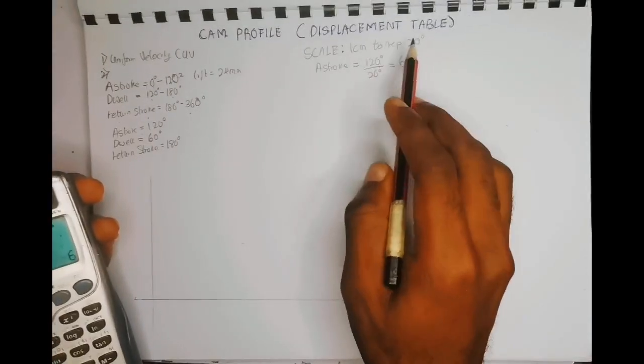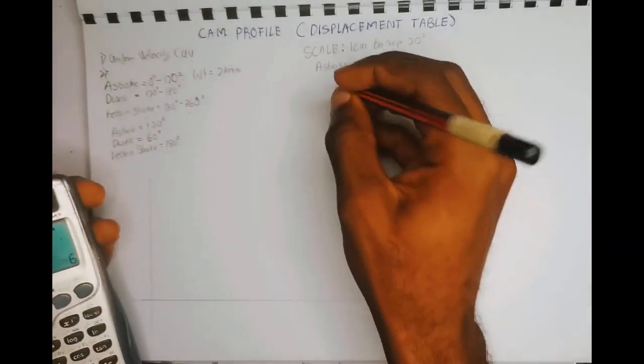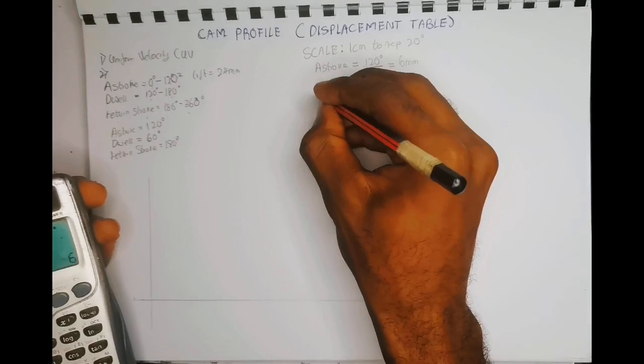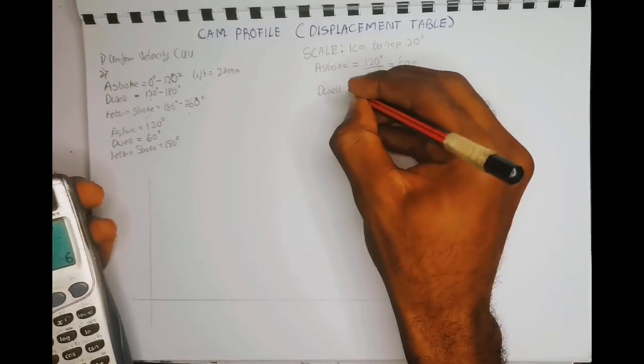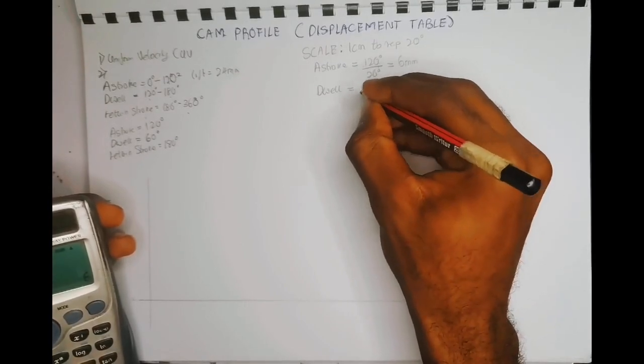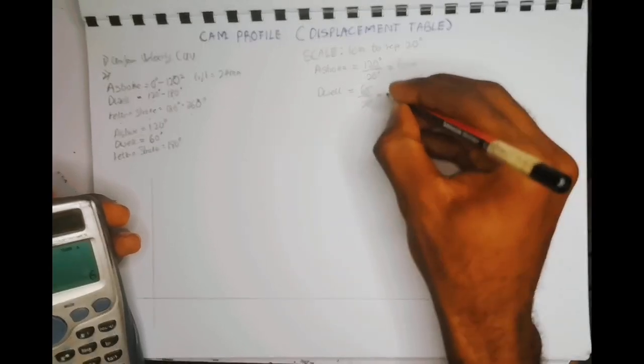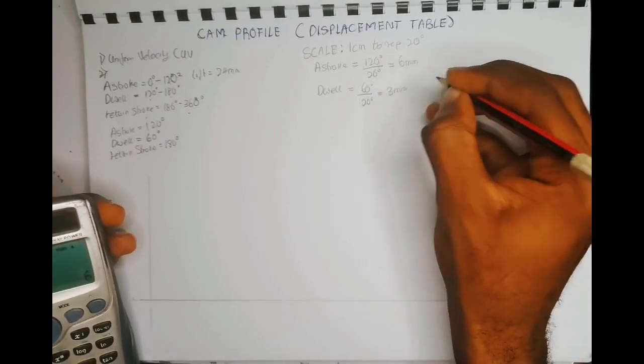The dwell, which is 60 degrees divided by our scale, 20 degrees, gives us 3 millimeters.